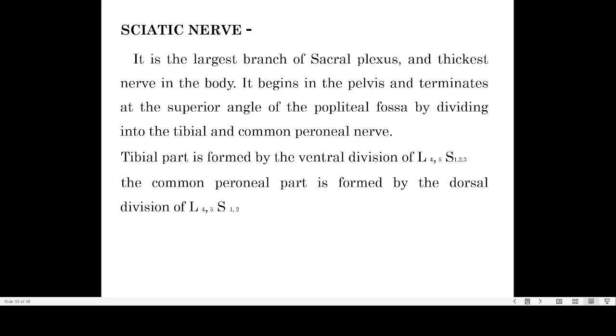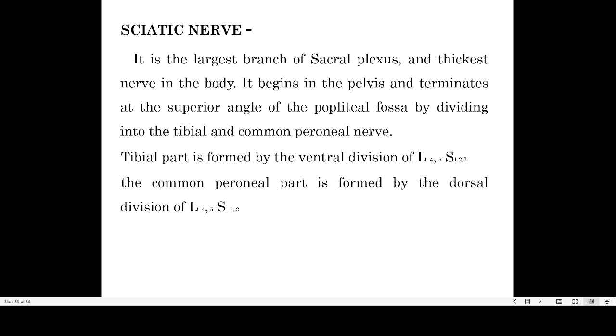It begins in the pelvic region and terminates at the superior angle of the popliteal fossa by dividing into the tibial and common peroneal nerves. These two can be taken as branches, or as the anterior division and posterior division, the two components of the sciatic nerve.